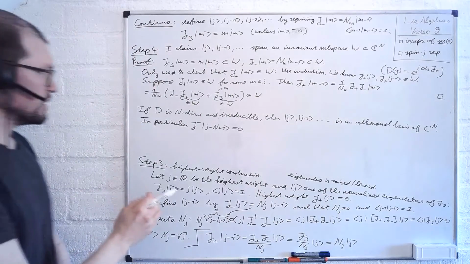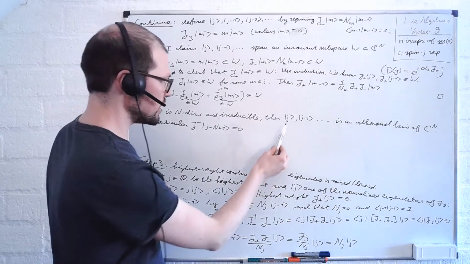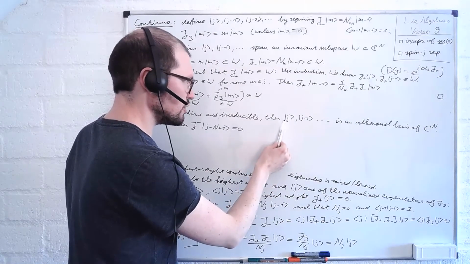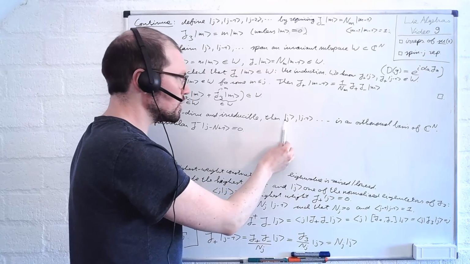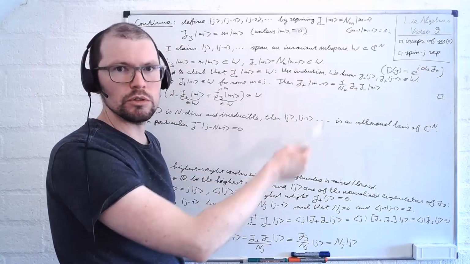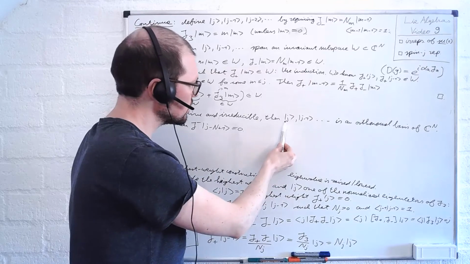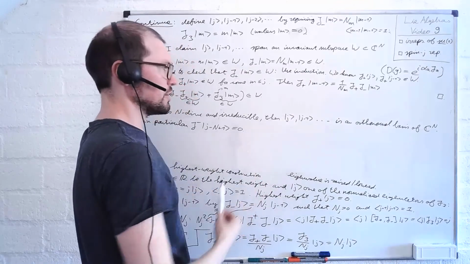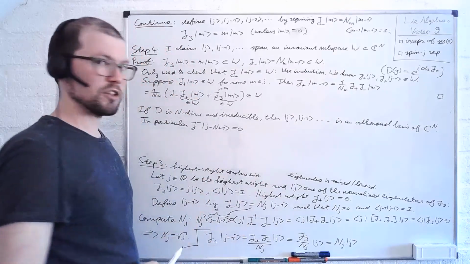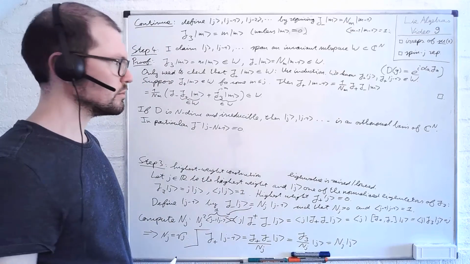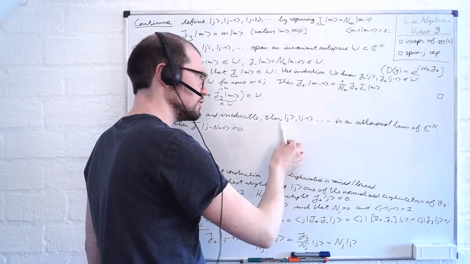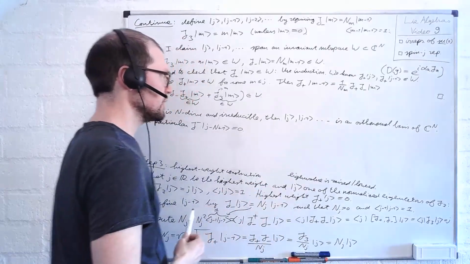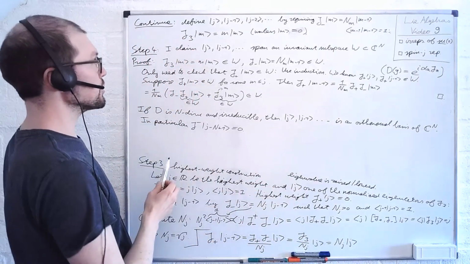And another thing that this tells us is that this was not just some arbitrary choice of the highest weight vector. No, there is only one, up to phase if you like, highest weight vector in an irreducible representation. So in fact, up to an overall phase, this is a unique choice of basis that satisfies these properties.